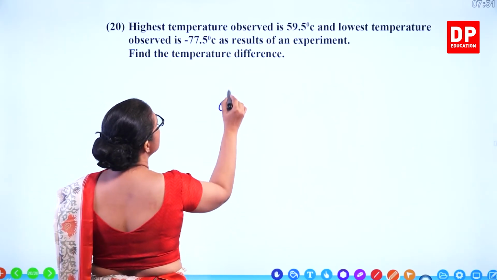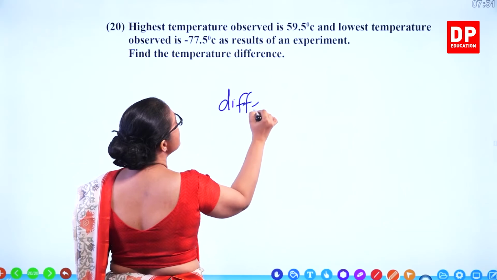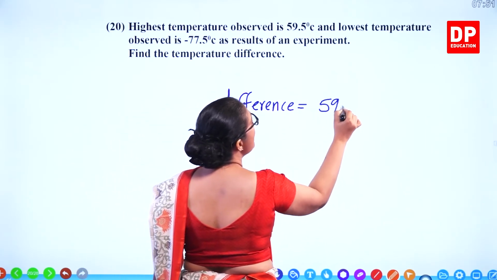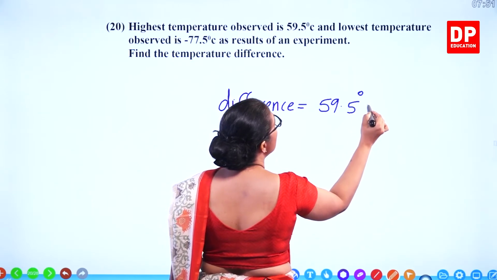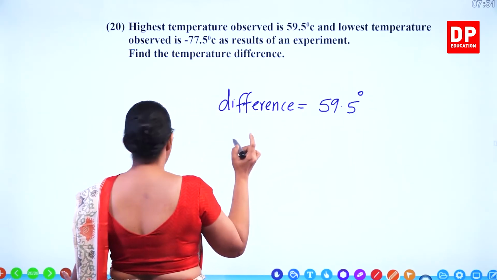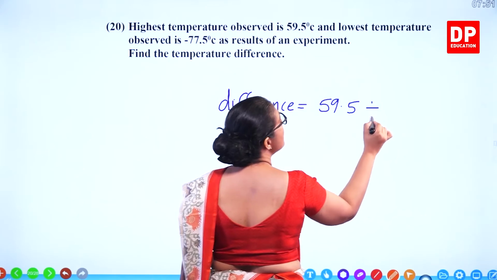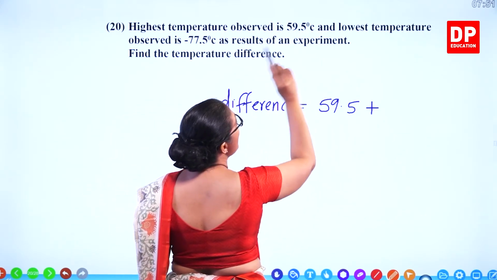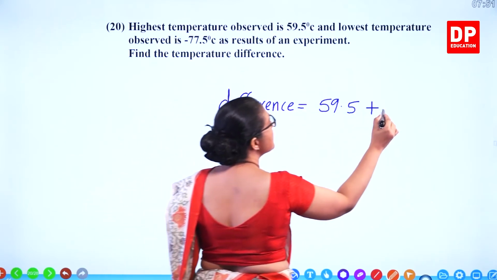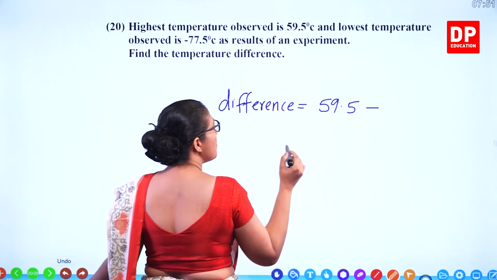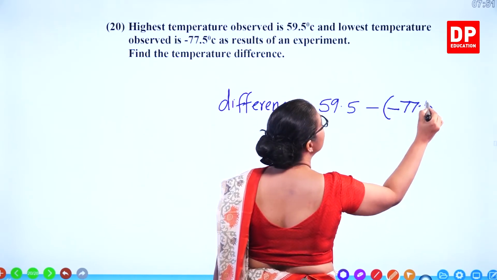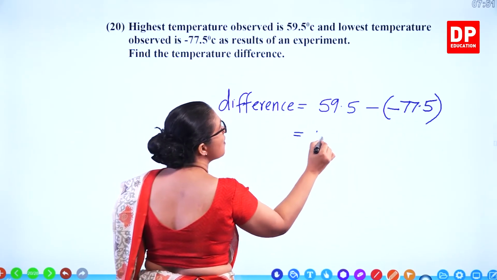Highest is 59.5. So difference is equal to 59.5 minus, difference means minus, 77.5. So minus minus becomes plus.